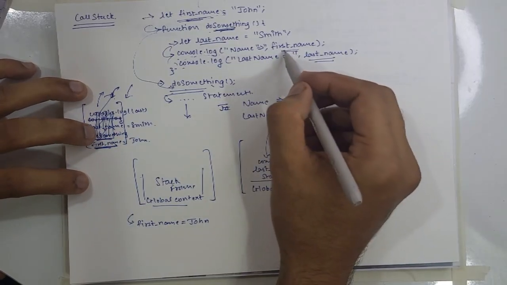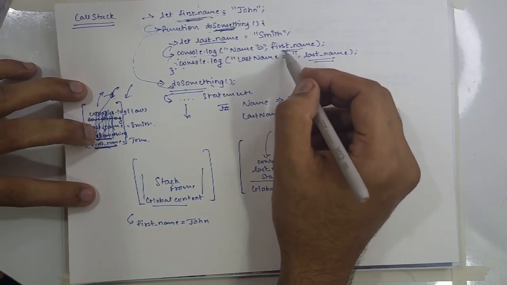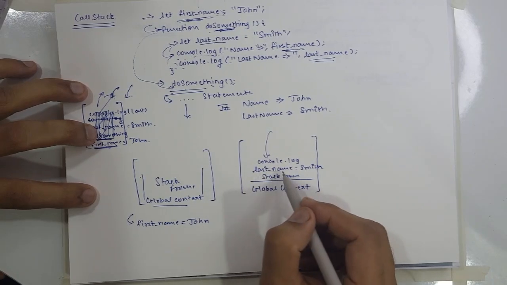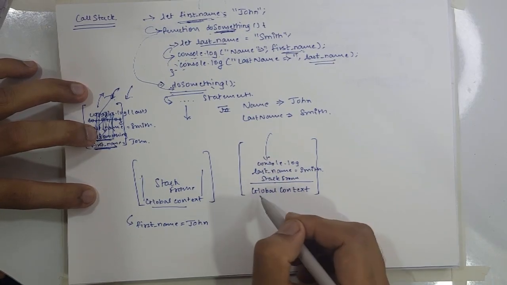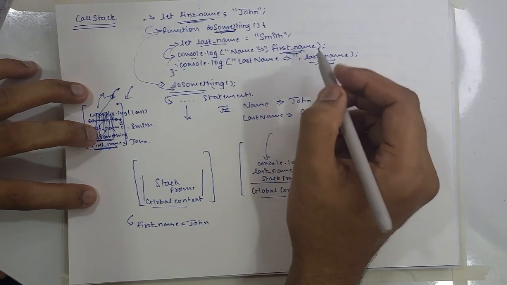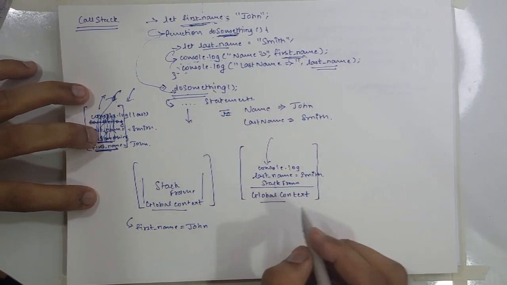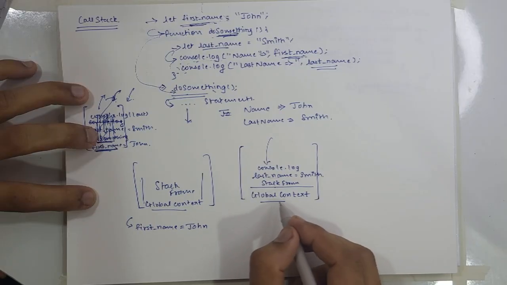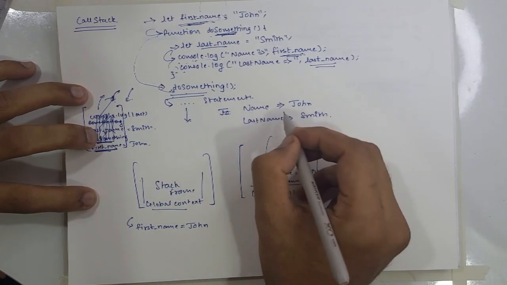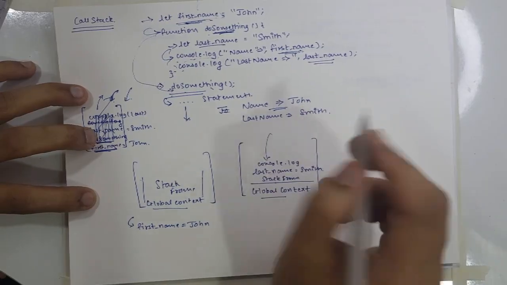In that console.log statement I'm referencing the first_name variable. So my compiler will keep on checking. It will not find first_name inside the stack frame. It will go out of the stack frame and check in the global context if the first_name variable is present or not. If it finds that variable present over here, then it will take it from the global context and print John, which is what happens in our case.